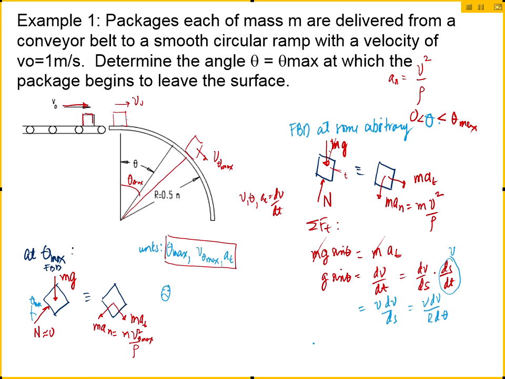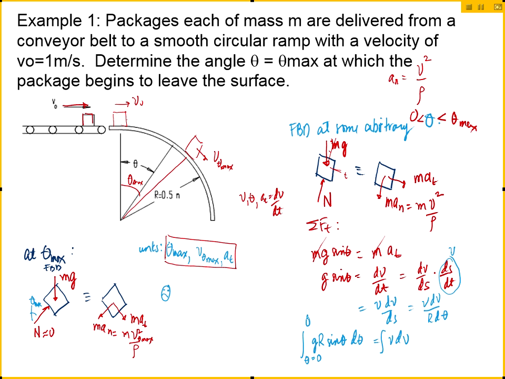And now we have a separable differential equation. I'm going to separate it by writing it as g r sine theta d theta, right, equals v dv. Yes, now I can integrate. Okay, from the initial position, what was the initial value of theta?